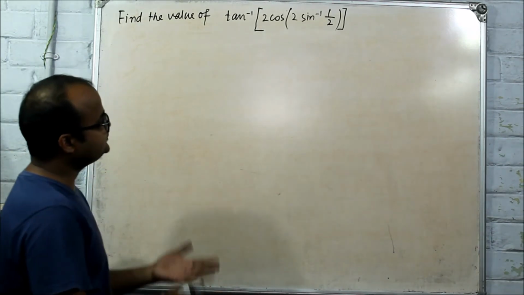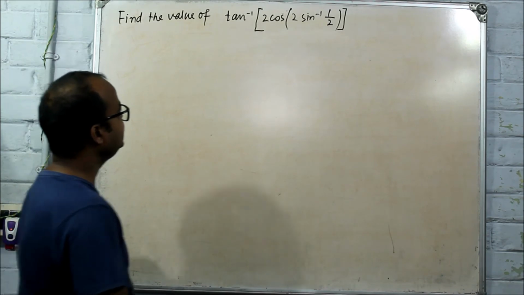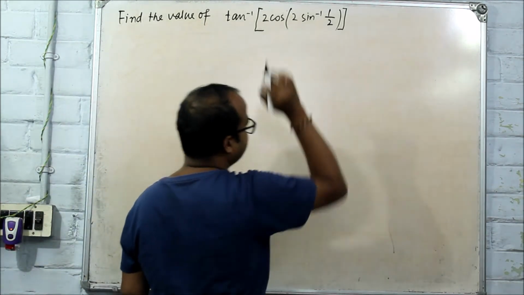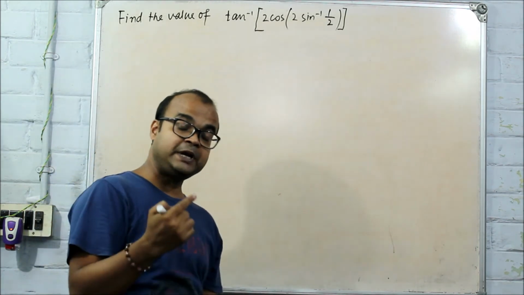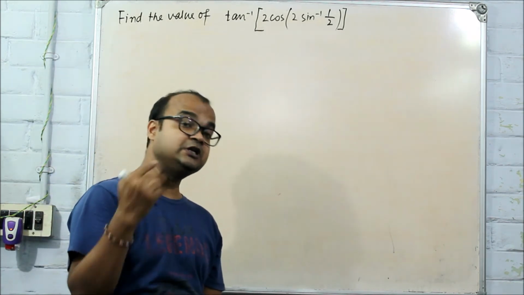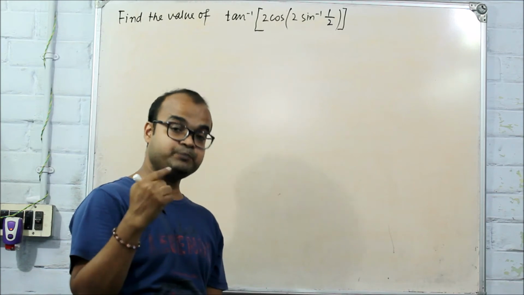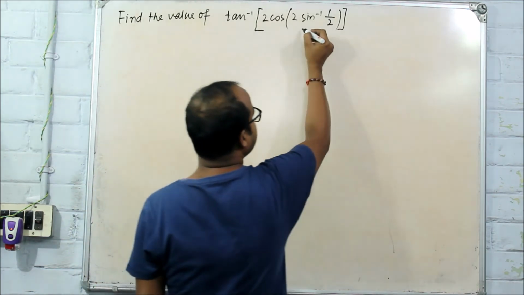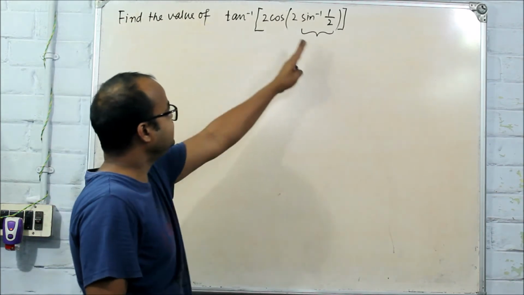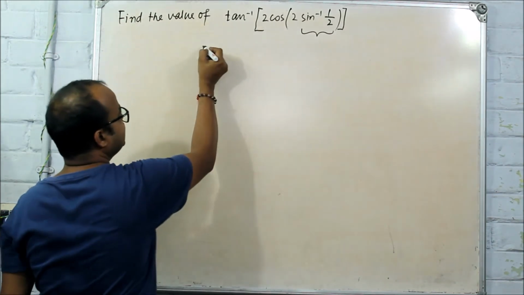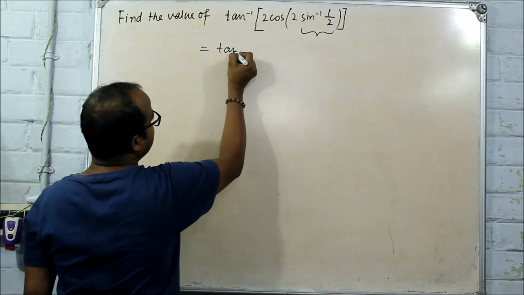Now let us discuss this problem. Find the value of this expression. So we need to apply the concept we learned, how to find the principal value. So sine inverse of 1 by 2. First we simplify this one and then we simplify the other part.